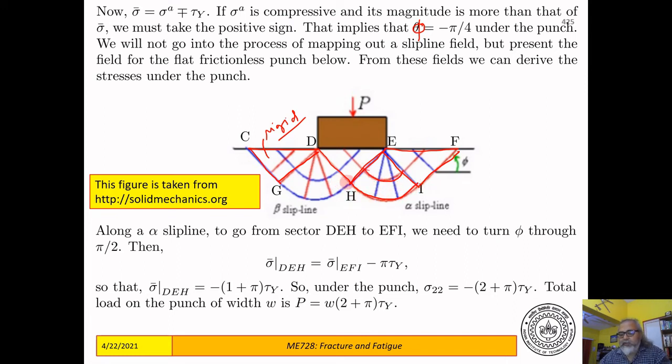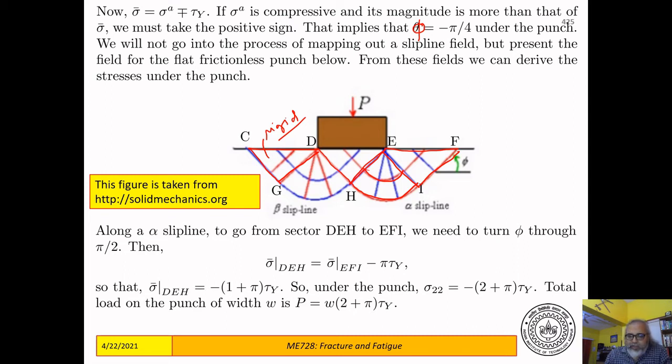At least one of the slip lines, either the alpha or the beta slip line, is curved, and therefore phi varies in this region and sigma bar varies in this region. So these regions have constant sigma bar, and they are connected by intervening regions where sigma bar is varying. So far we need to see only rigid regions and the fan regions.